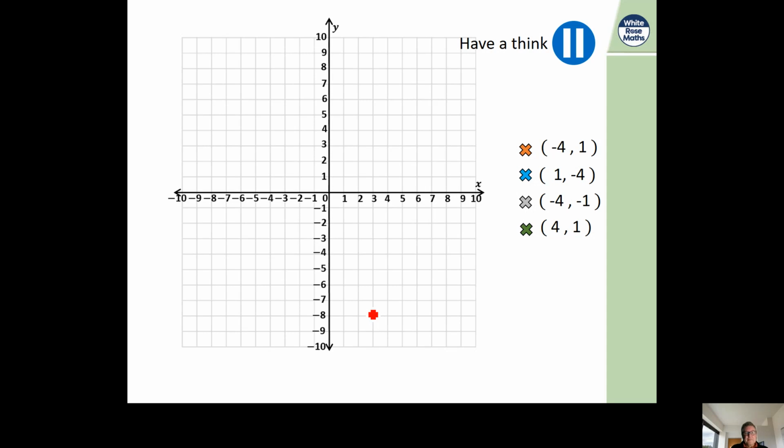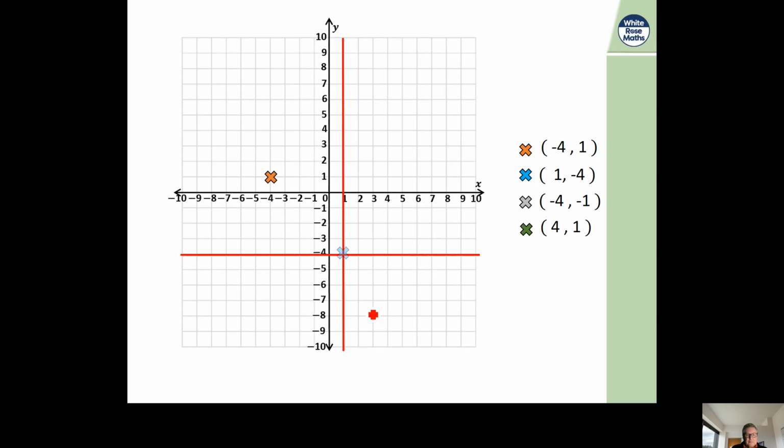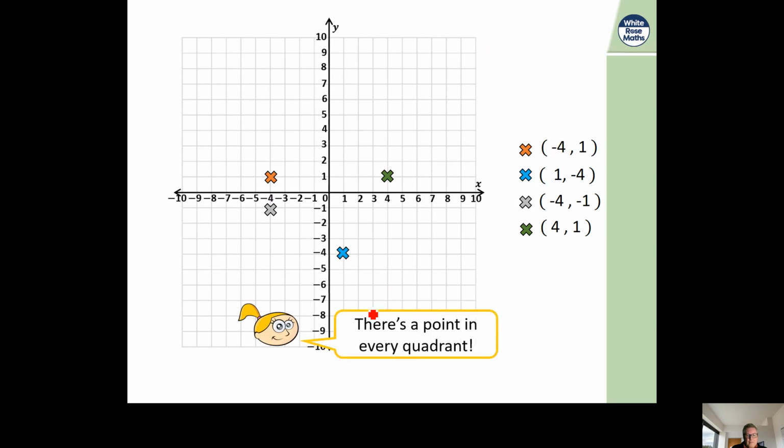Have a go. So there's a point in every quadrant.